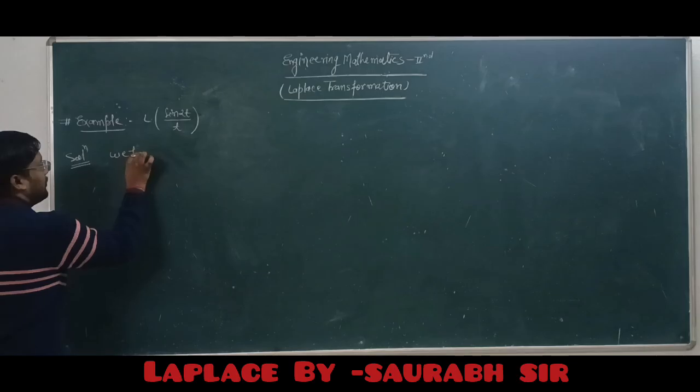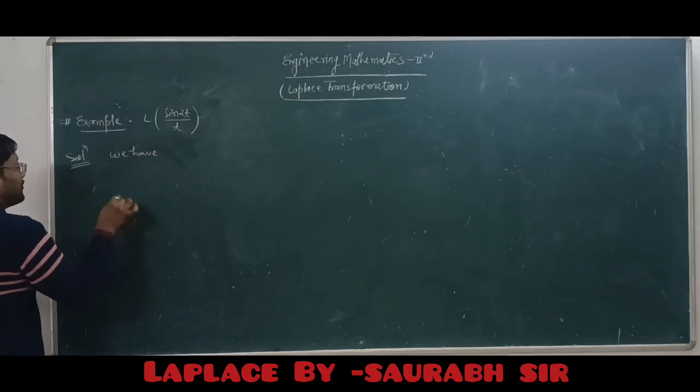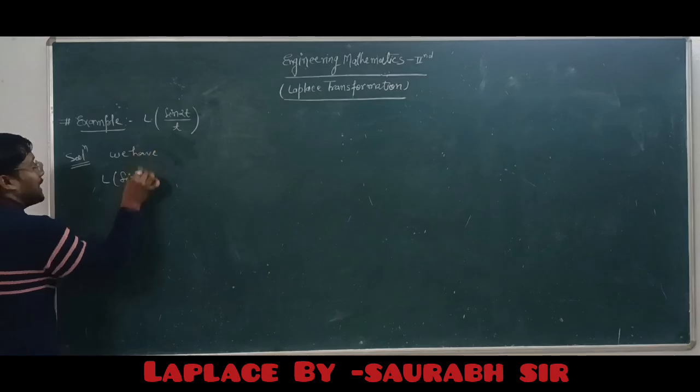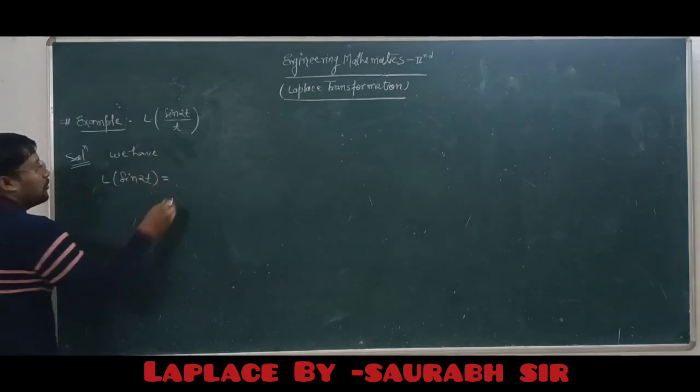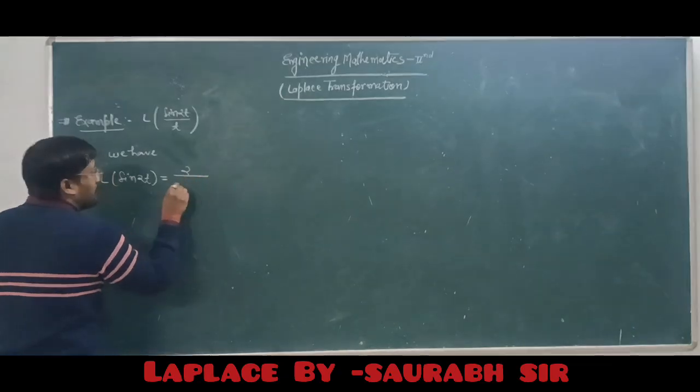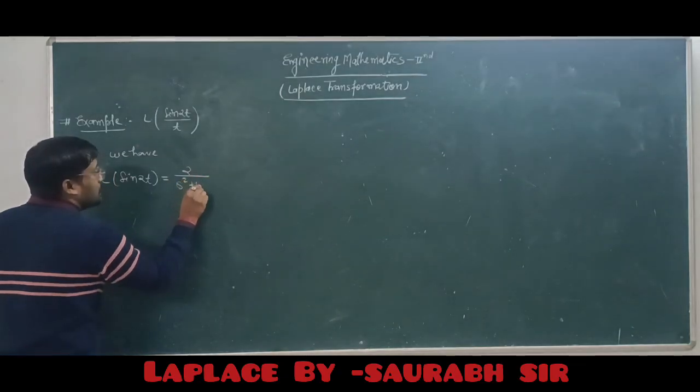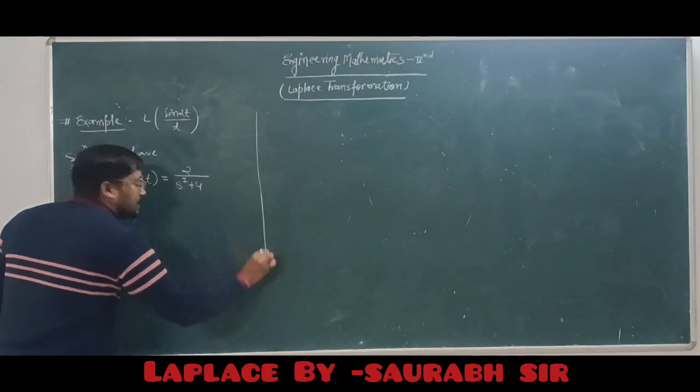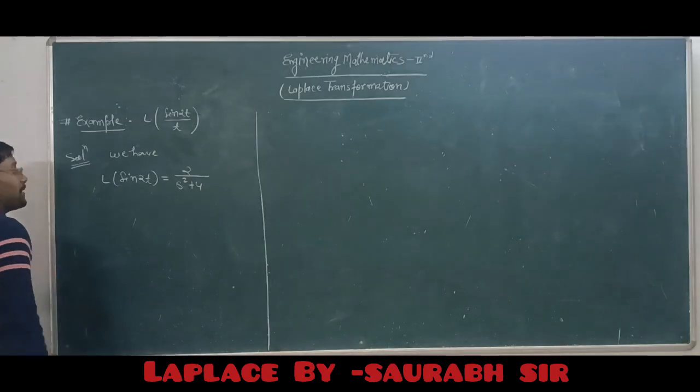we have L sine 2t is equal to 2 upon s square plus 4 in a basic formula of Laplace transformation.